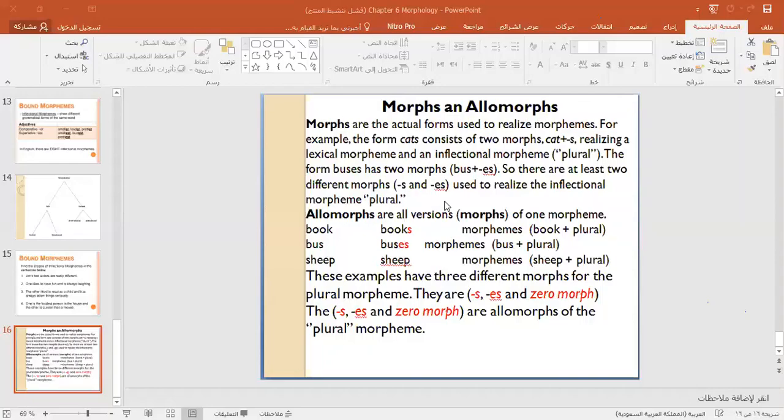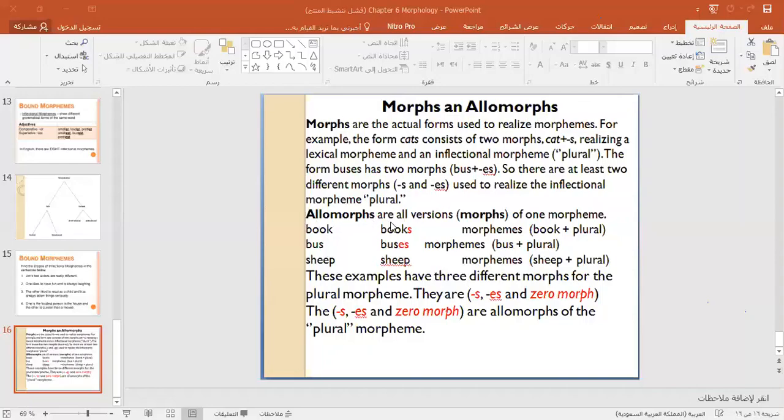These es and s refer to one morpheme, which we call the plural morpheme. So how many morphemes do we have here? They represent one morpheme. But how many morphs do we have in these two words? We have two different morphs, the es and the s. So morphs are the actual forms used to realize morphemes.